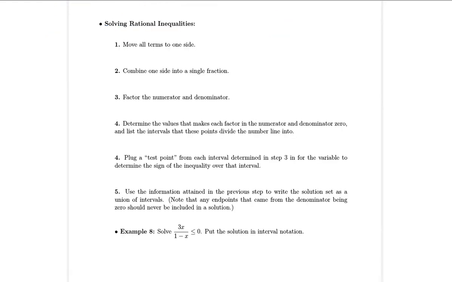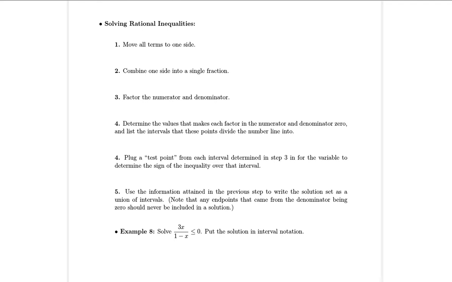Here are our steps for solving rational inequalities. Just like last time, we move all terms to one side. We combine one side into a single fraction. You'll see how that works. Factor the numerator and denominator. Then number 4, determine the values that make each factor in the numerator and denominator zero, and list the intervals that these points divide the number line into.